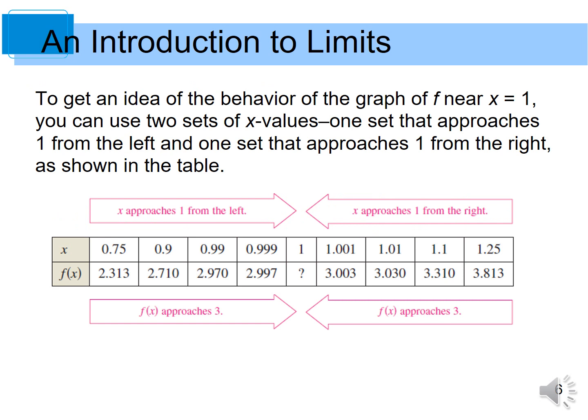To get an idea of the behavior of the graph of f near x equal to 1, you can use two sets of x values. One set that approaches 1 from the left, and one set that approaches 1 from the right.